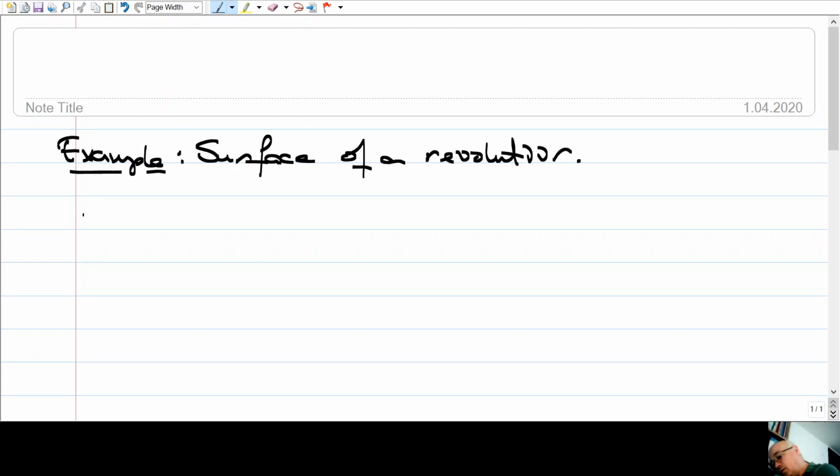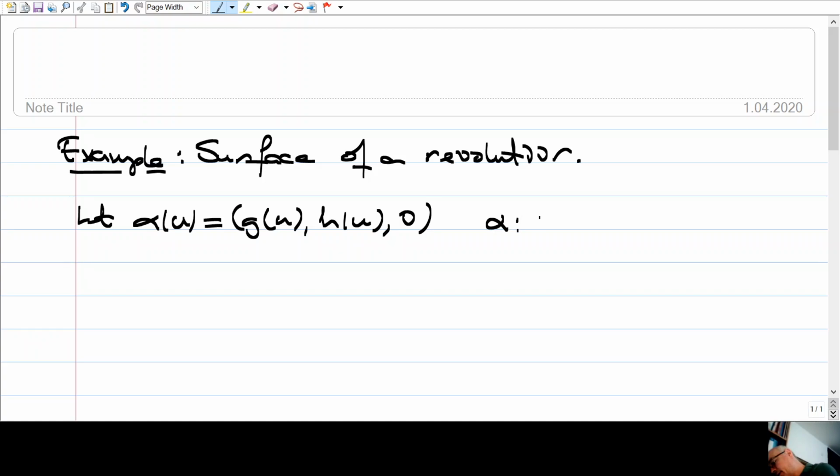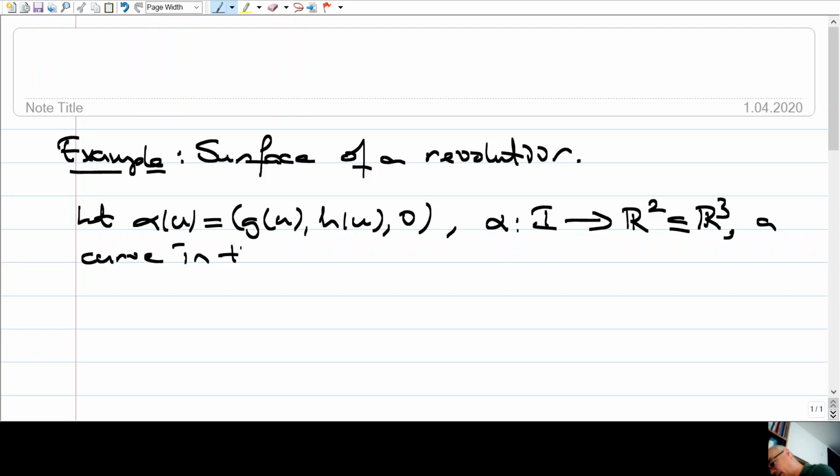So let alpha u be a curve in the xy plane. Okay, so alpha is a curve in the xy plane lying in three-space.